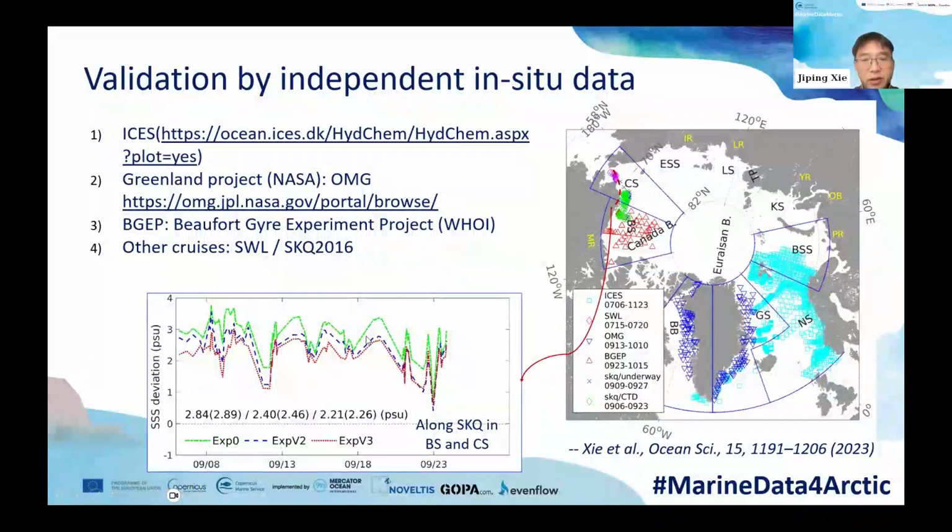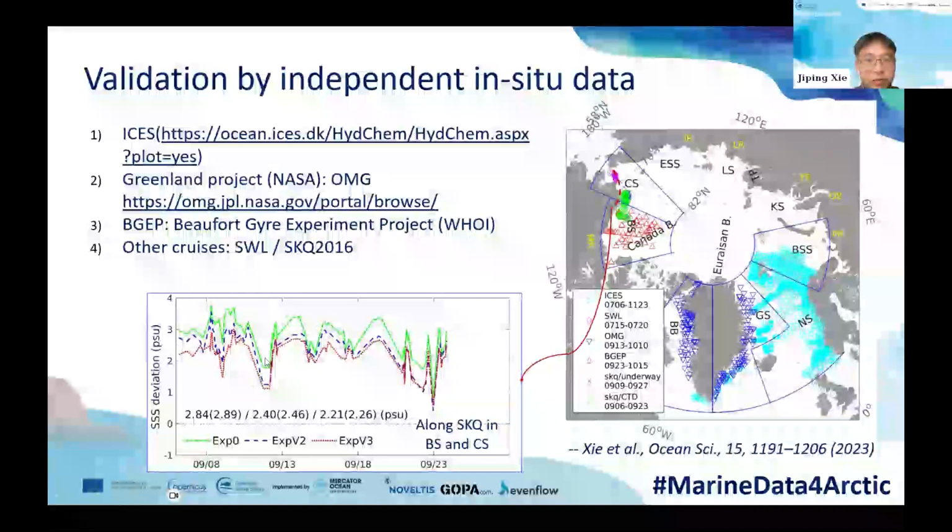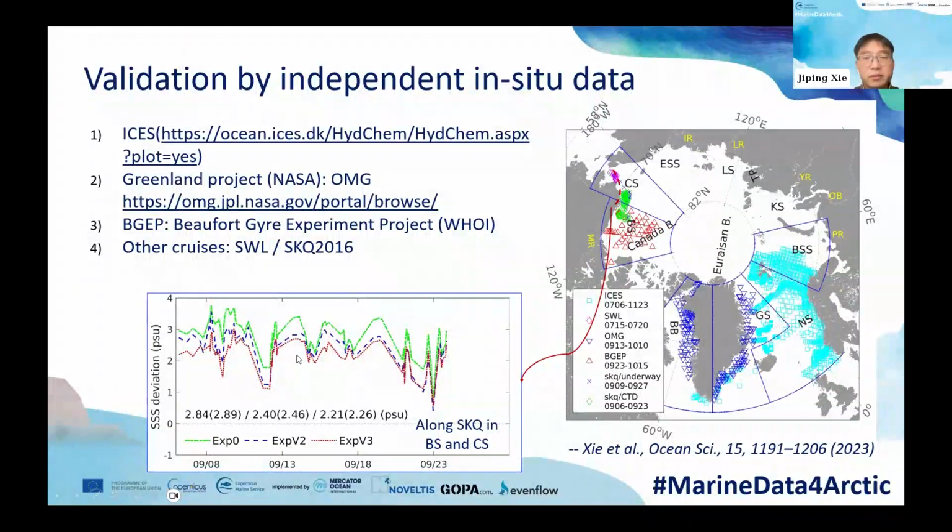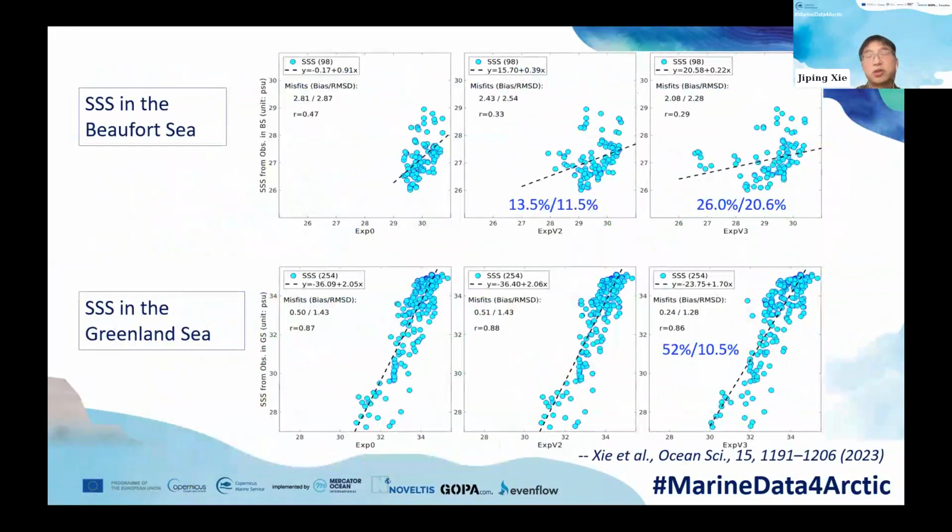The green line shows the control run. The red line assimilates surface salinity data version 3, and the middle one shows the previous version 2. You can see the red line's mean square error is very small compared to the other two runs. Clearly, it shows some benefits from assimilating this kind of data.